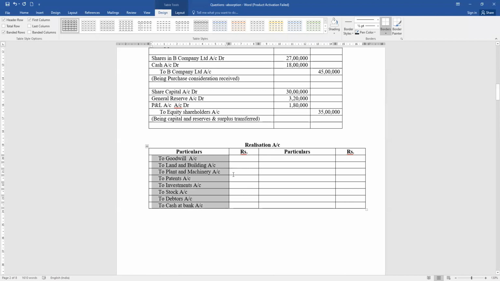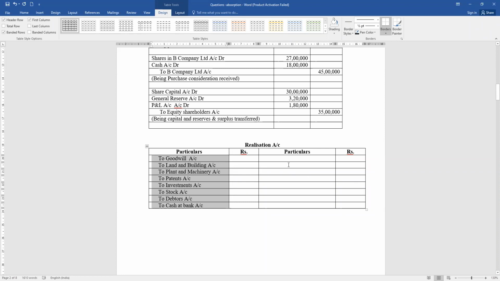When you are preparing realization without journal entry, you can prepare it like this. On the debit side, you write all the assets. On the credit side, you write all the liabilities. Then you write the PC also on the credit side. Then if any asset is sold, it will come on the credit side as you are going to get the cash. If you're settling any liabilities, you write it on the debit side as the cash is going out. That's the expenses. Then you have to tally it.